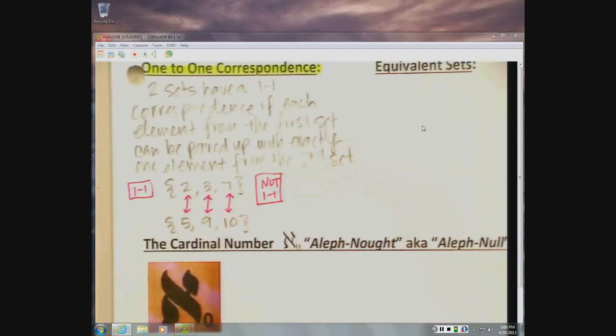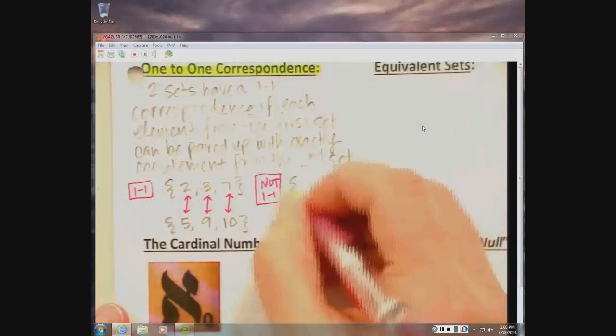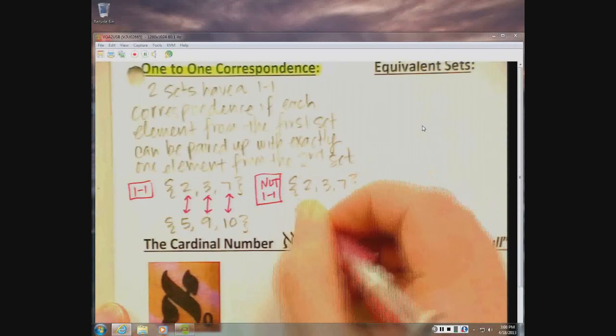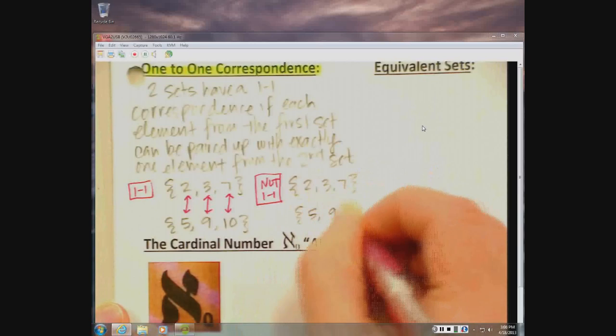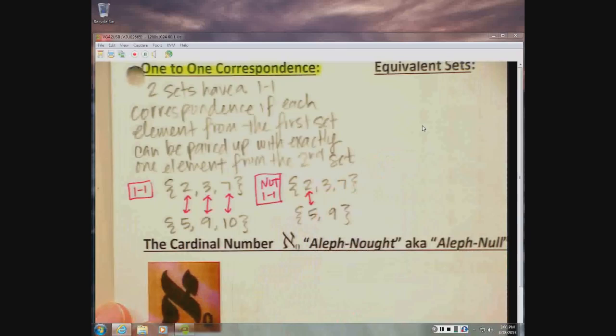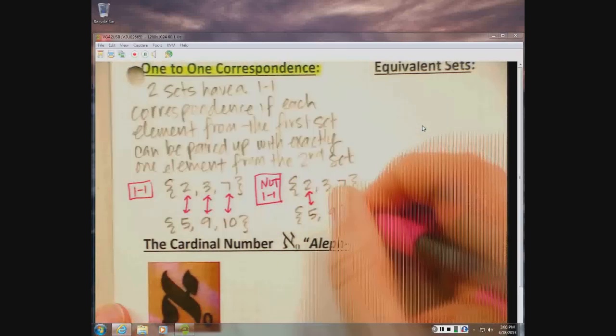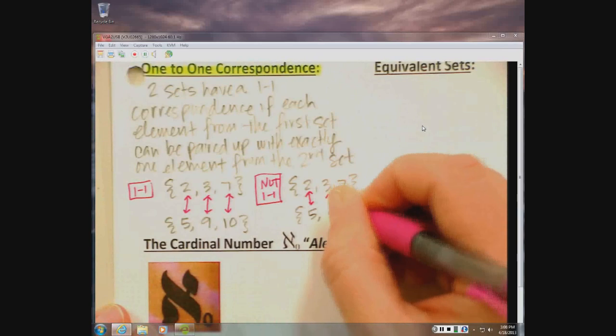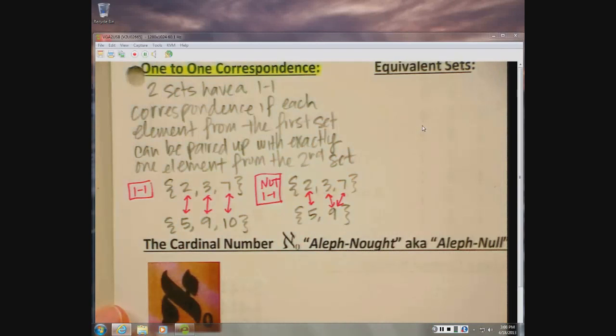We do not have a one-to-one correspondence if we have these two people who think that they're soulmates, right? They're happy with each other. But then we have 9 who's like, oh yeah, you're my soulmate number 3 and you're my soulmate number 7. That doesn't work, right? Because it's not one-to-one.